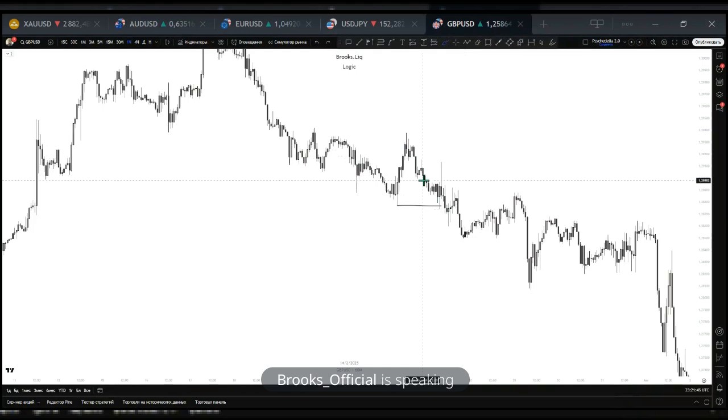From this low to this high is a zone, a region. So my supply zone is this entire region, from this low to this high. Forgive me, that is my supply zone.